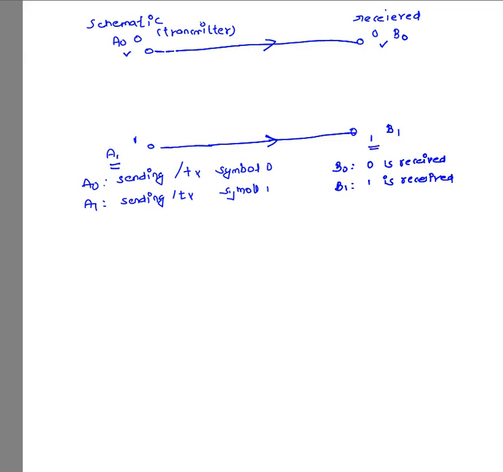The third line: here it connects event A0 and event B1. That means 0 is transmitted and 1 is received. So when 0 is transmitted and 1 is received, it simply indicates that an error has happened. Similarly, let me draw the fourth line.